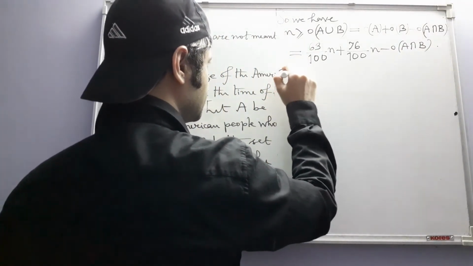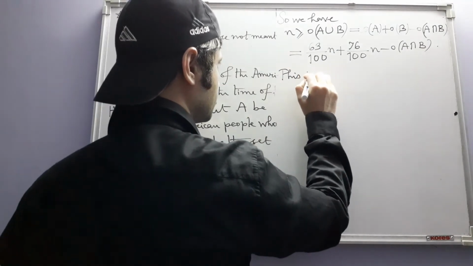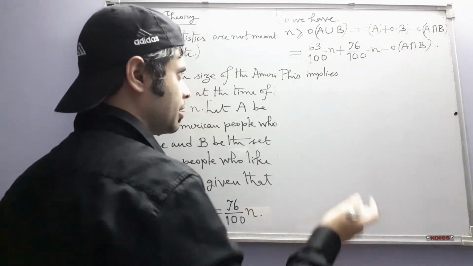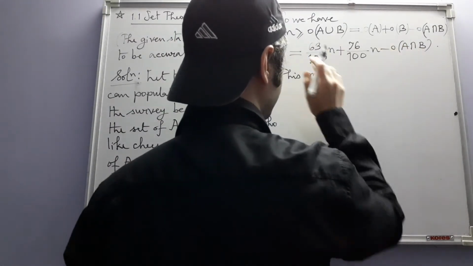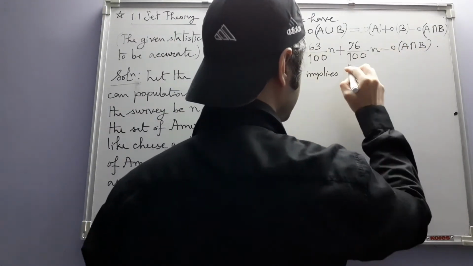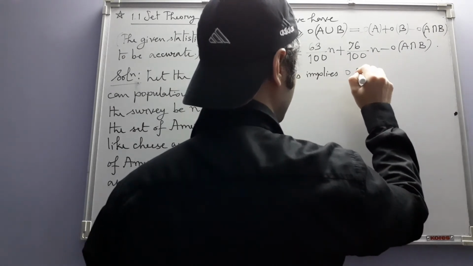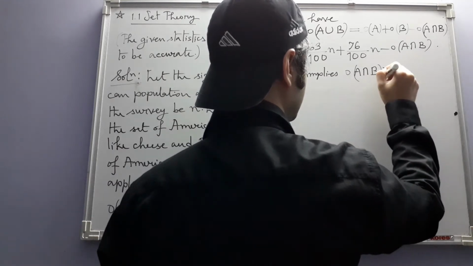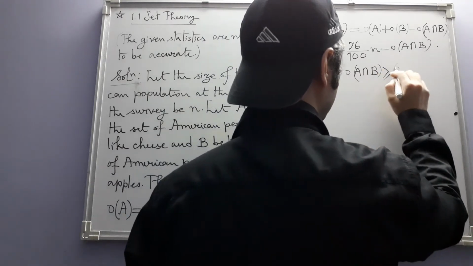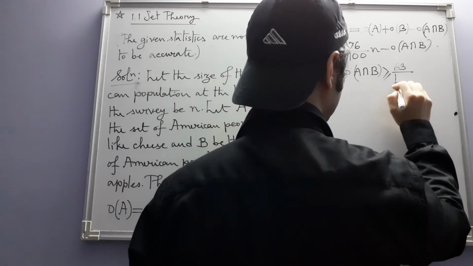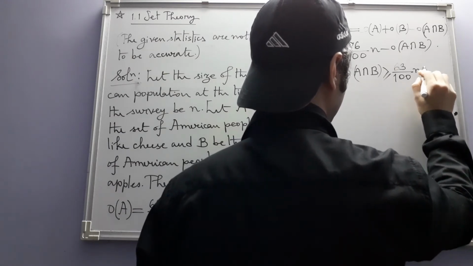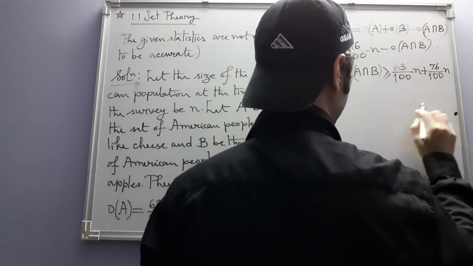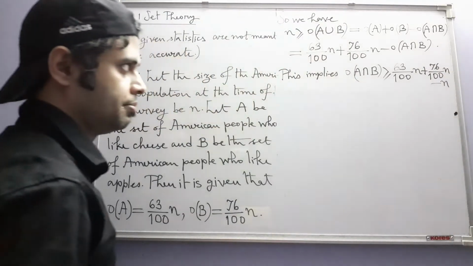This implies, after some algebraic manipulation, if you bring n to this side, then order of A intersection B is greater than or equal to 63 by 100 n plus 76 by 100 n minus n.